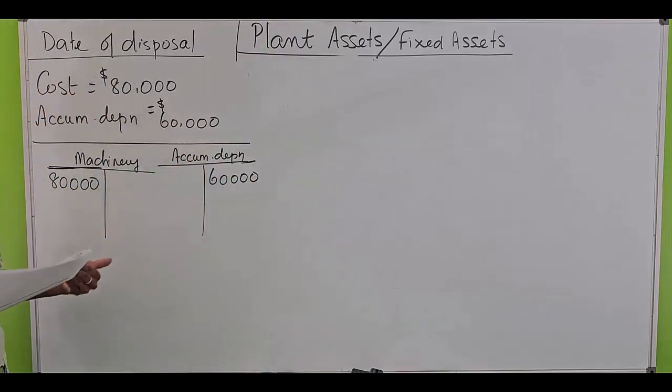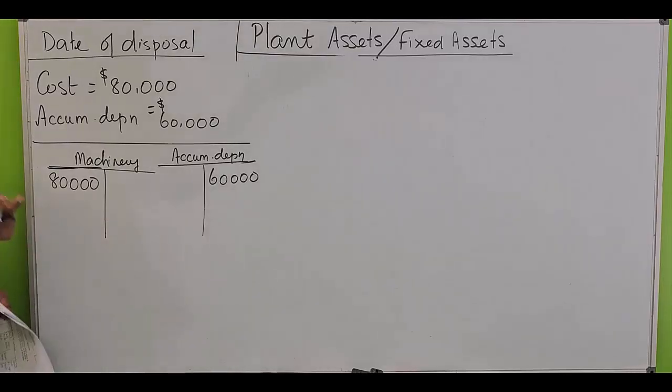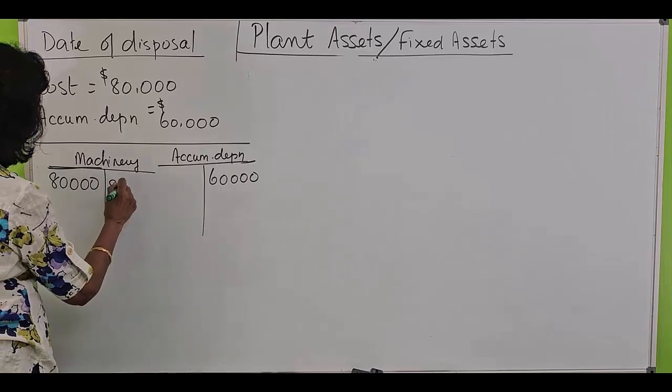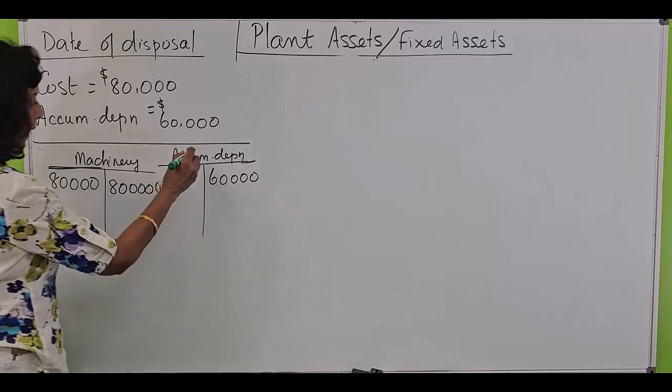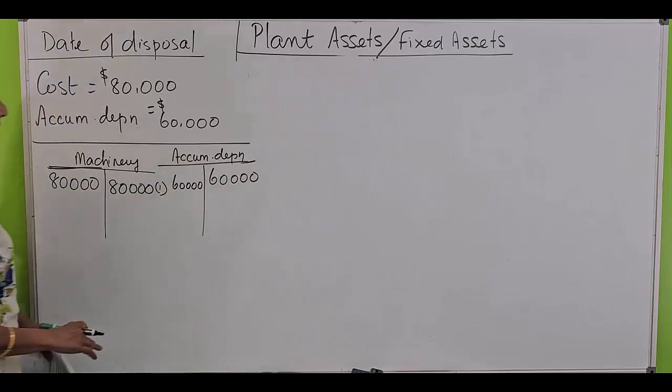So here, case 1, the company junked the machinery after using. That means nobody is buying it. The company is just throwing it out. So here, what you have to do for case 1, you will have to credit the machinery for $80,000 and you will have to debit the accumulated depreciation for $60,000.